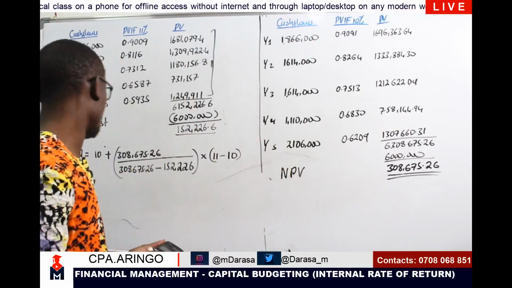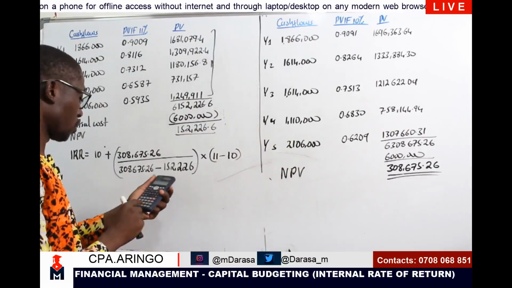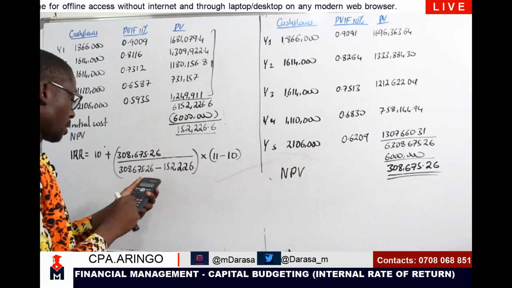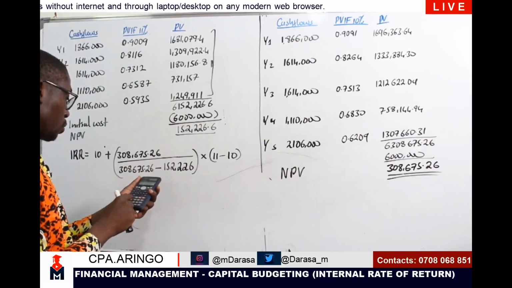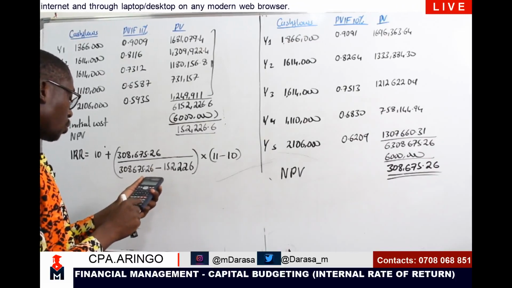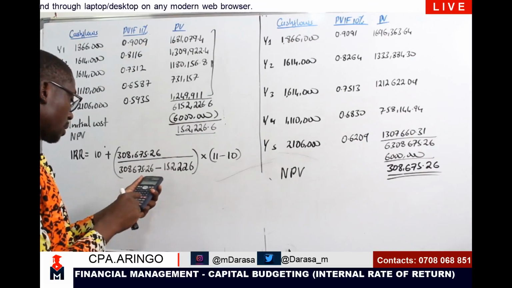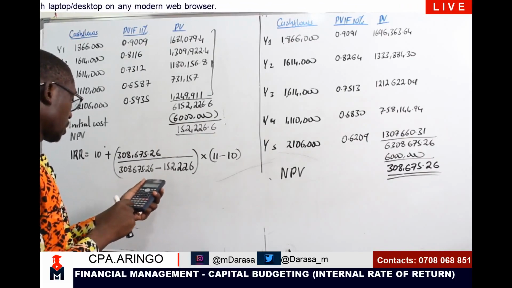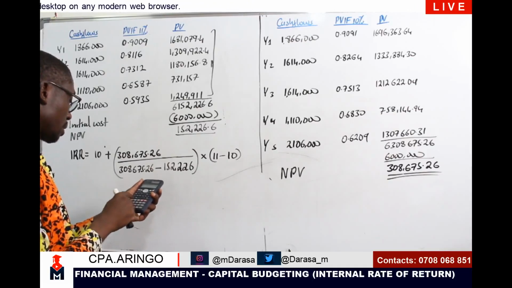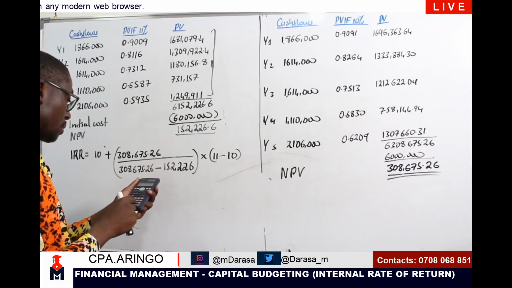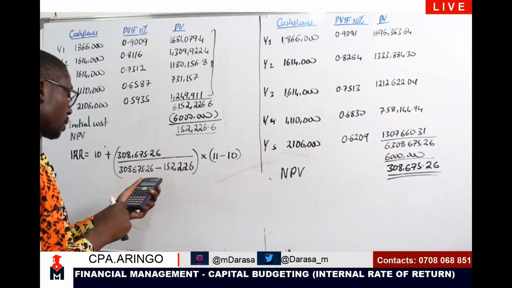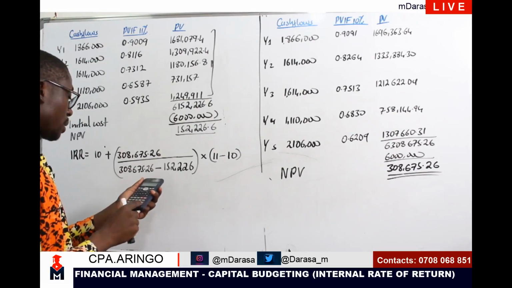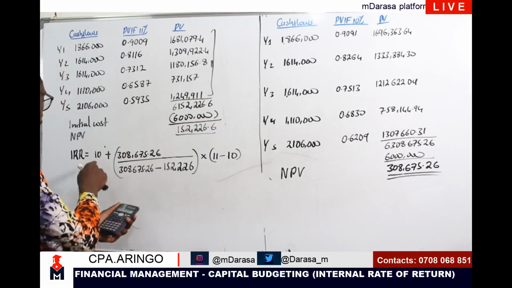I'm starting with 308,675.26. I'm going to divide by the bracket 308,675.26 minus 152,226, multiplied by 1, plus the 10 here.